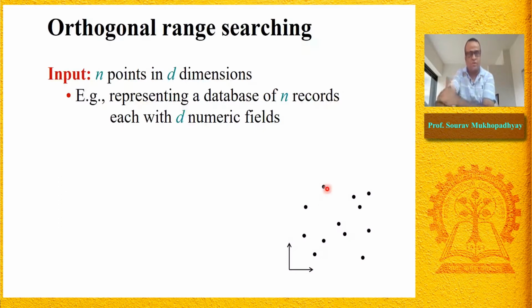Maybe each is a student record with d dimensions, or maybe some information about restaurants. Suppose in a city, say Calcutta, there are some restaurants, and each restaurant has some components like the location, latitude and longitude, the average price of the meal, the quality of the meal, and whether it is a veg or non-veg restaurant.